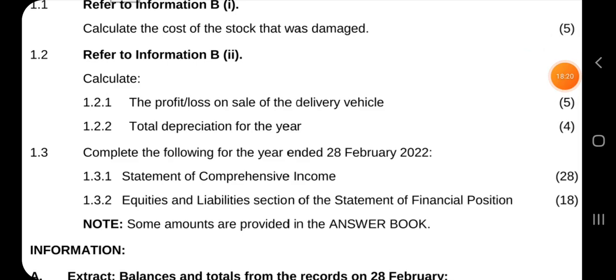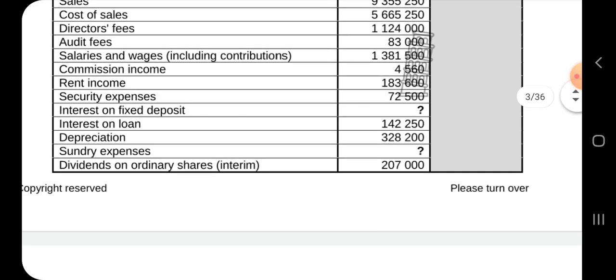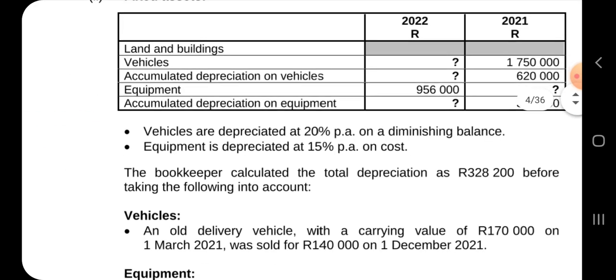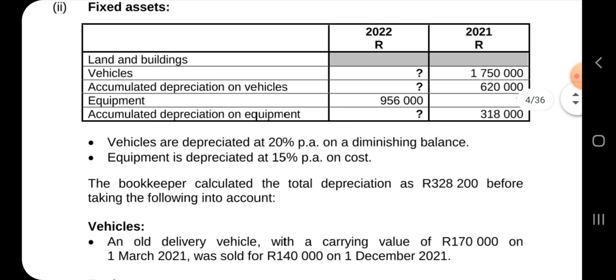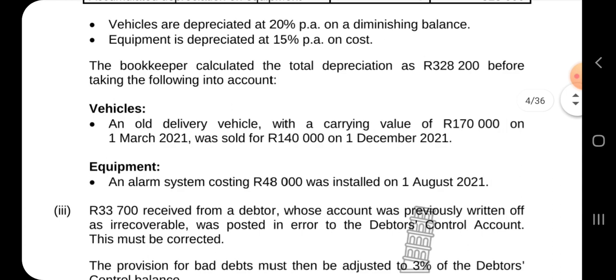And then 1.2.2 says total depreciation for the year. So remember, for total depreciation for the year, the bookkeeper calculated the total depreciation as 328,200 before calculating the depreciation of the new alarm system and the vehicle that was sold. So we have to add that.